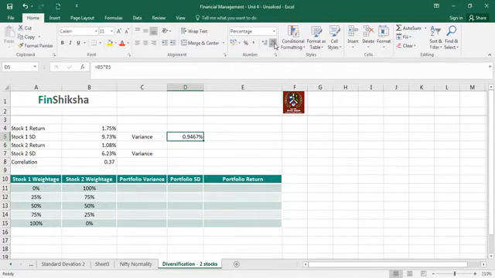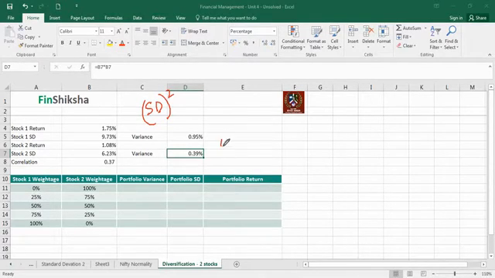So that's my variance number, 0.95 square, and I'm going to find the variance for the other one, which is 0.39 square. So variance for stock 1 and variance for stock 2 has been calculated. What have we done? We have just taken the standard deviation, whatever it is, and we have squared it, right?